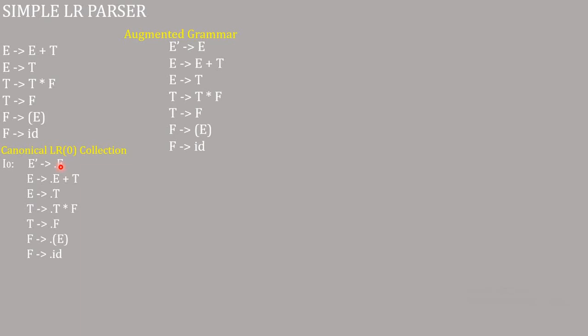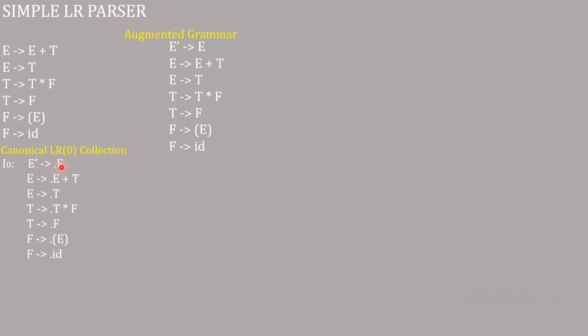So what is the closure operation? In the closure operation, the dot is followed by some non-terminal, right? So the productions of those non-terminals from the augmented grammar should be listed here. Which production rules do we have in the augmented grammar?